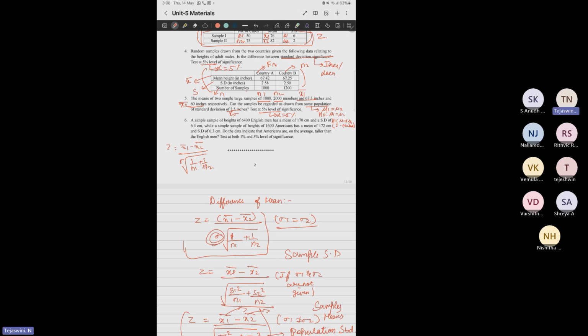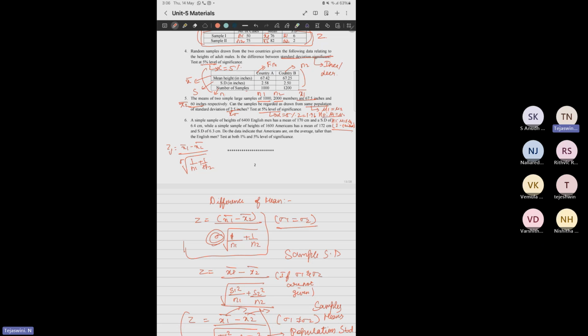So substitute the given data in this formula, and since it is two-tailed, we know the value of Z here is 1.96. If the value of Z lies between minus 1.96 and plus 1.96, then we can accept our H naught, else we'll have to reject H naught.